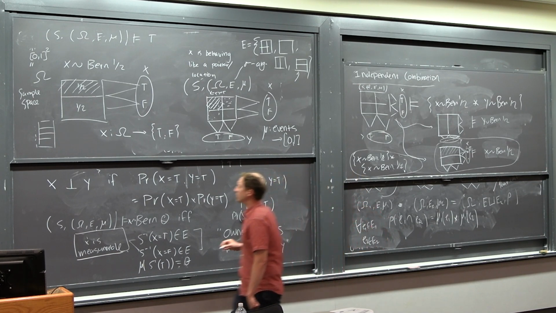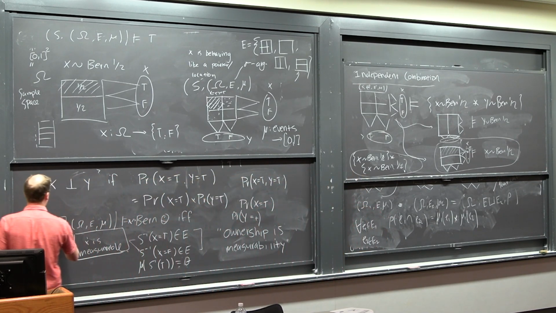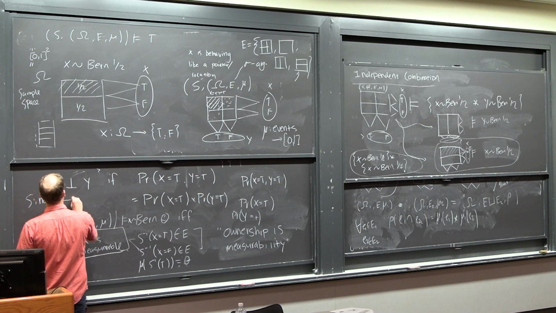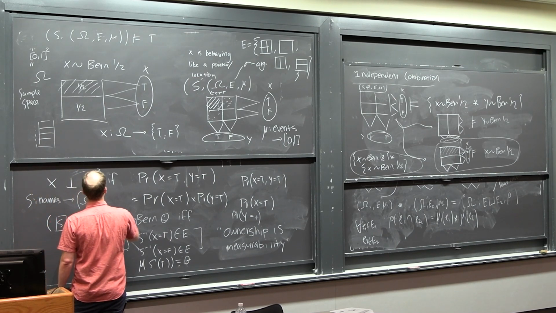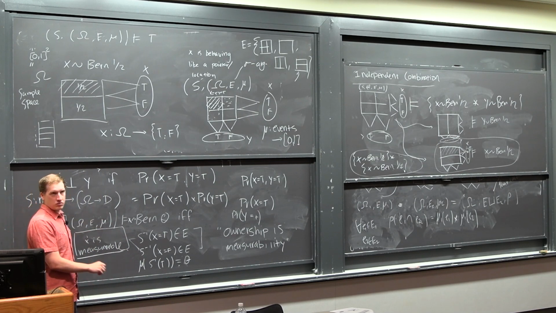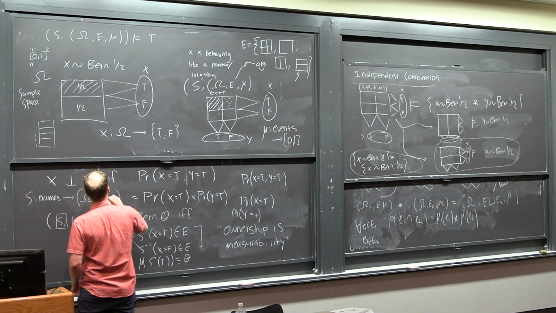Like, the store looks a lot like a normal store in separation logic. It's a map from names to random variables. So S is a map from names to functions, omega to some codomain D, where D is a value. We can even call this values.